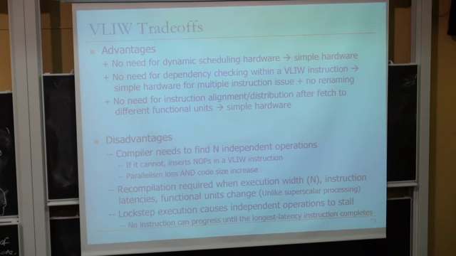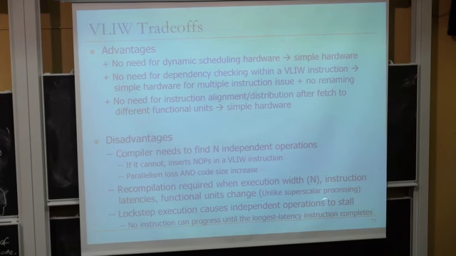If you want to fetch 28 instructions per cycle whereas your previous generation fetched 7 instructions per cycle, now you need to recompile the code. You need to recompile the code if your instruction latencies and functional units change, or you need to make the hardware more complex. You have one of those choices.